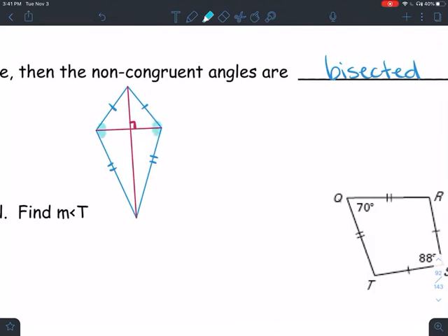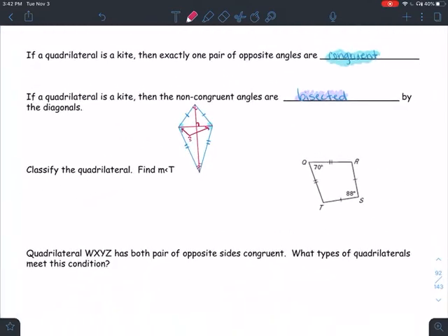These will be congruent. And if one pair of angles are bisected, again, think about this as congruent triangles, then these two angles at the top are congruent, and these two angles at the bottom are congruent. So these two angles here are all congruent, but then our long diagonal is going to bisect the angles that it reaches.